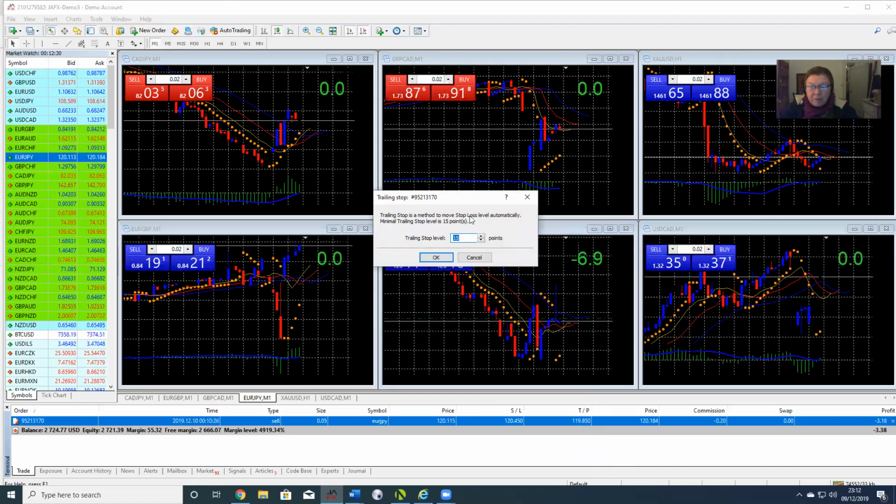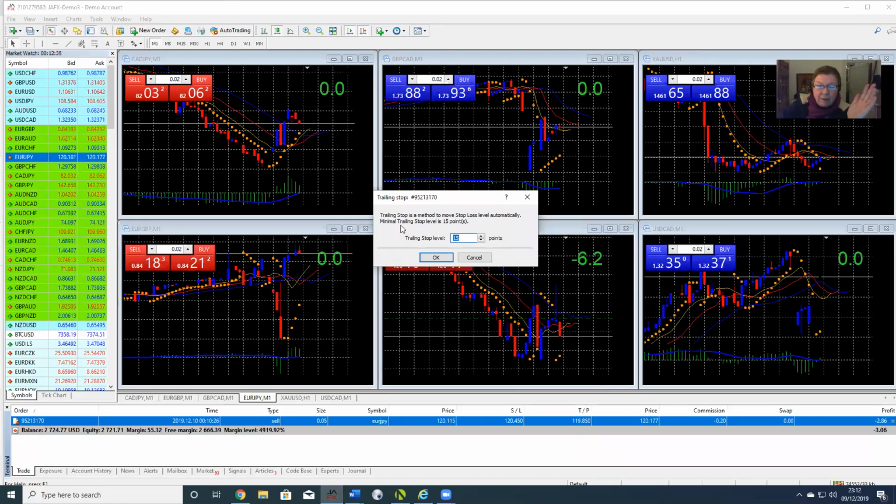Trailing stop is a method to move stop loss automatically, which means you could be at work, set this and forget it. A minimal trailing stop is 1.5 pips or 15 points. So if you typed in here, now the first profit is 20 pips.